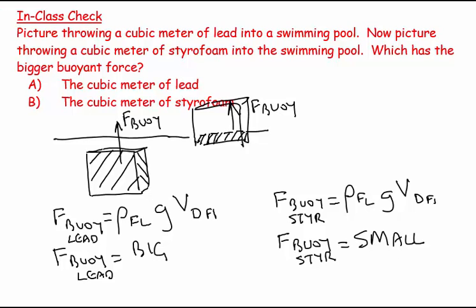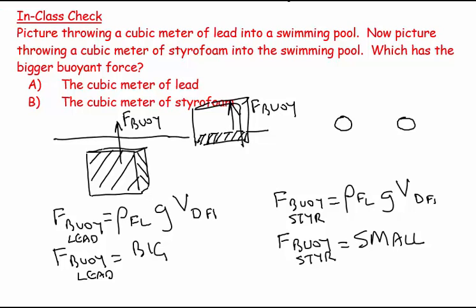It seems counterintuitive. The thing that floats has a small buoyant force, and the thing that sinks has a big buoyant force. And that's frankly because we tend to confuse buoyancy and buoyant force.